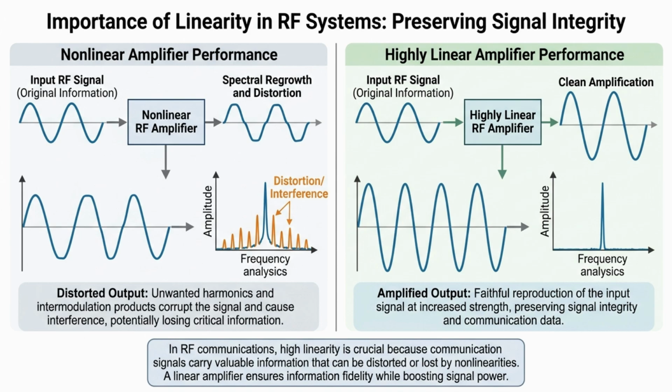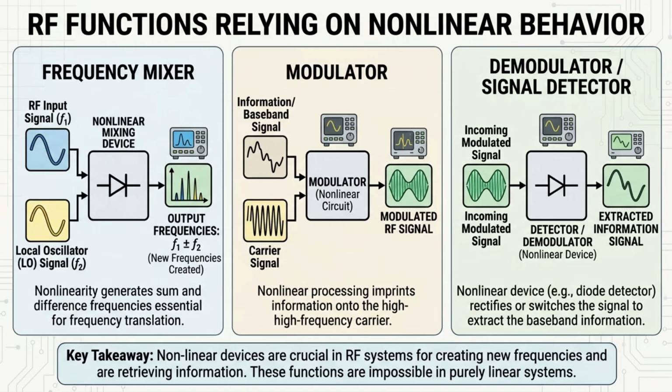Linearity is especially important in RF systems because communication signals often contain valuable information that must be preserved. A highly linear amplifier can increase signal strength without significantly distorting the transmitted information. At the same time, many RF functions depend intentionally on nonlinear behavior.